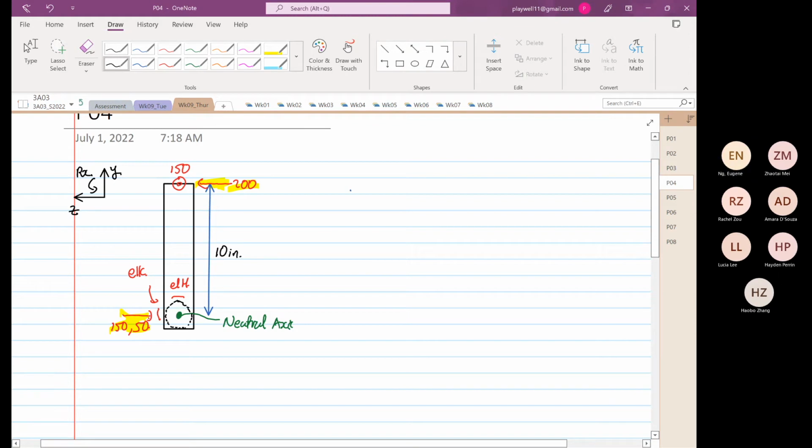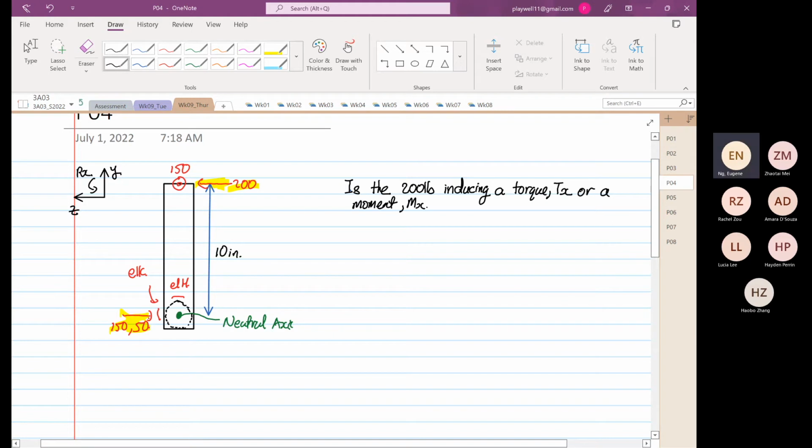So now the question is, is the 200 pounds inducing a torque in the x-axis, or a moment, or we can call it Mx?